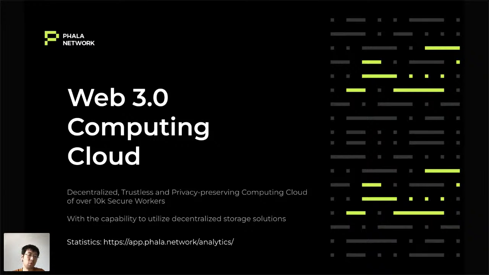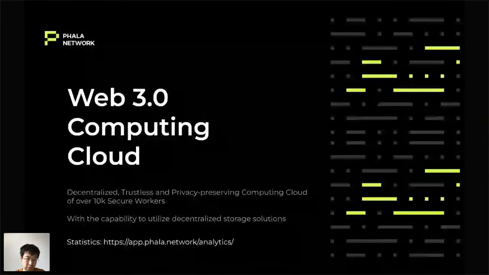Actually, Phala Network is more like traditional cloud services like Amazon AWS or Google. But compared with these cloud services, because of its blockchain nature, Phala Network is decentralized, trustless, and privacy preserving because we use some special hardware.